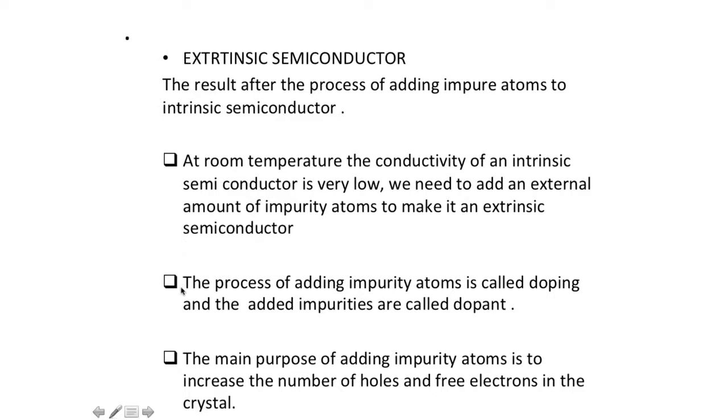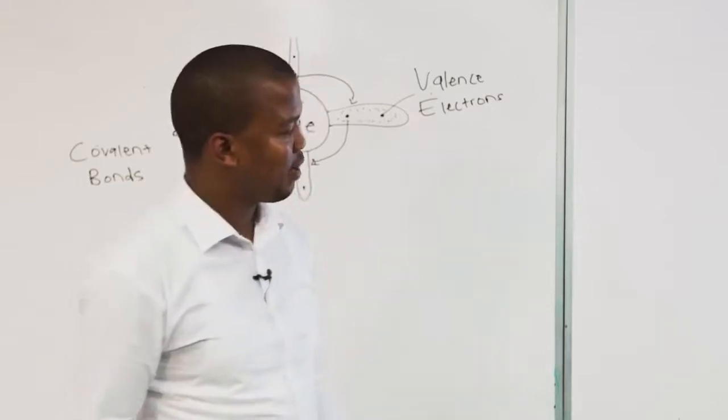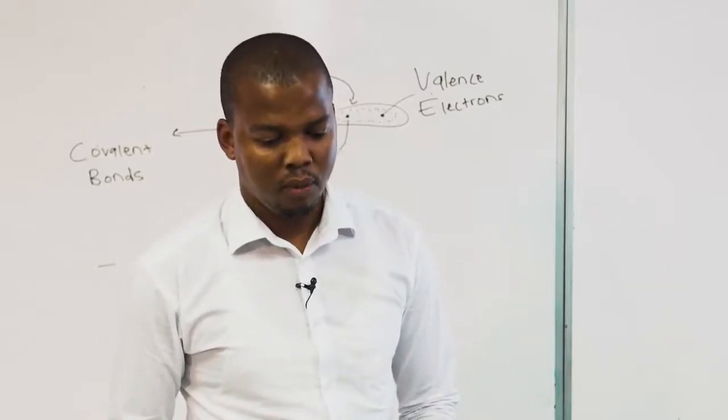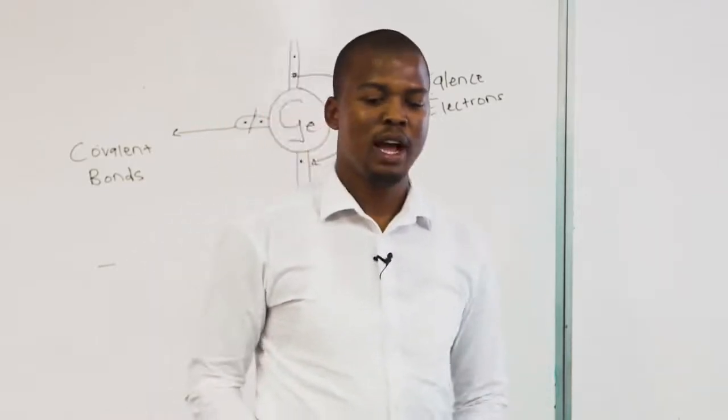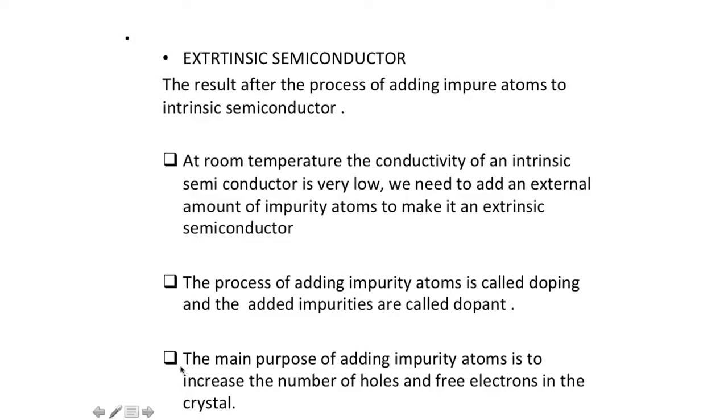The process of adding impurity atoms is called doping, and the added impurities are called dopants. I will demonstrate further after this slide on how you add more impurity atoms into an intrinsic semiconductor. The main purpose of adding impurity atoms is to increase the number of holes and also to increase the number of free electrons.